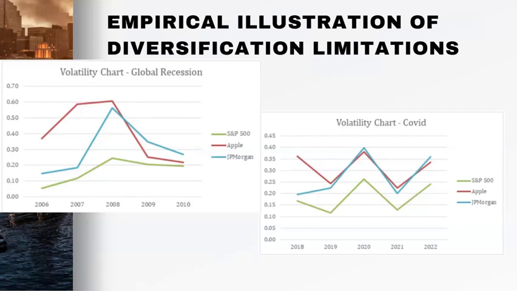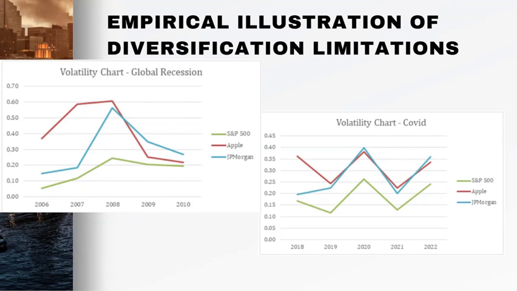You can see that in the peak years, which are 2008 for the global financial crisis and 2020 for COVID, the volatility of all stocks through those times had an increase. Through the global recession, they're still quite separated, but for COVID-19, they were quite similar lines.